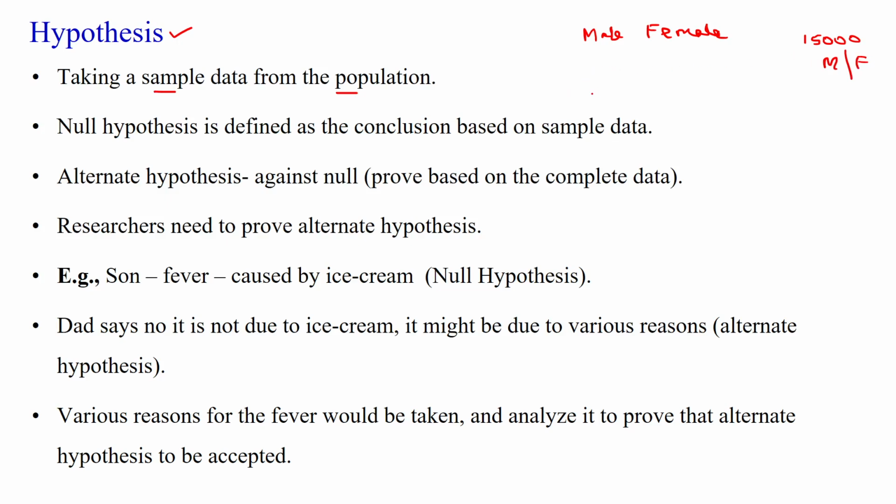When the child is growing up, the child need not view or meet all 15,000 people to classify a particular person as male or female. The child needs only a few samples. For example, it needs only 500 people while growing up from 0 to 5 years. When it meets 500 people in these 5 years, it can identify who is male and who is female.